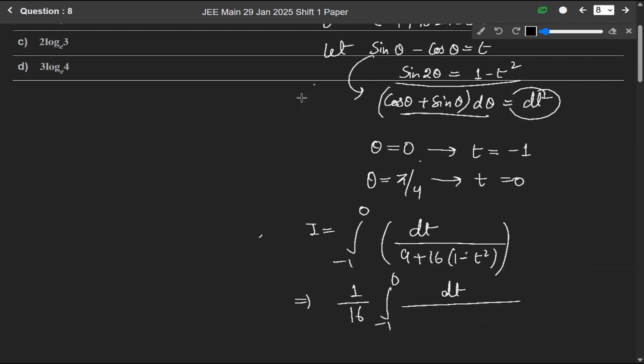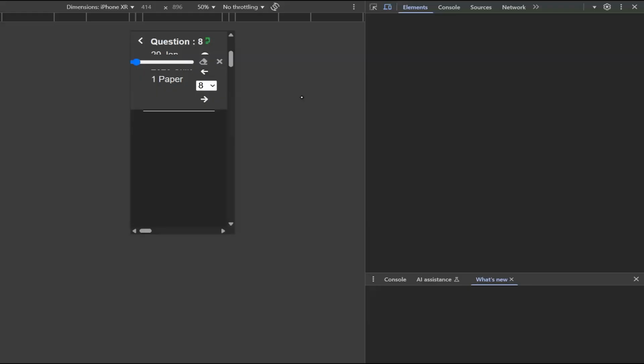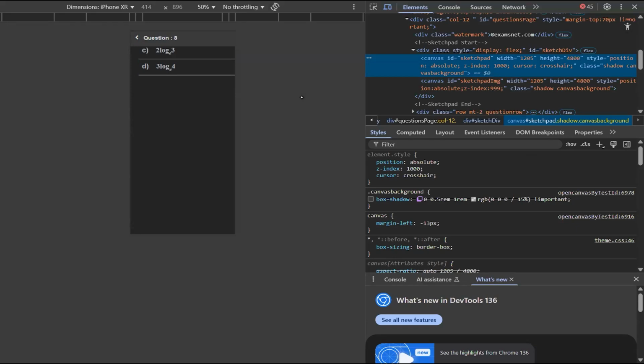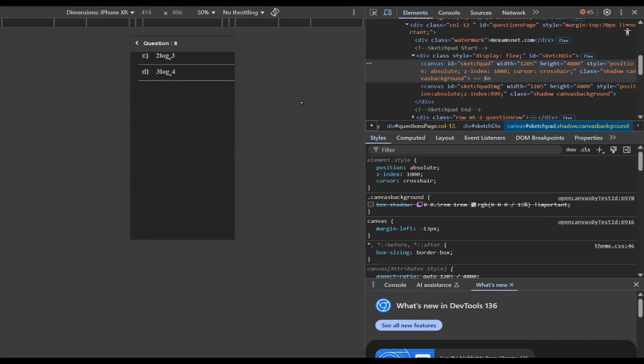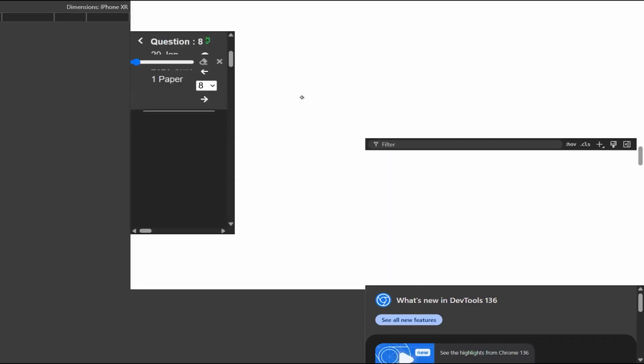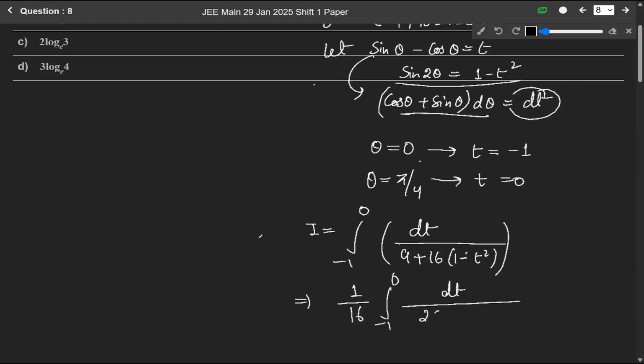If we take this common, this will be 25, so 25 over 16 minus t squared.